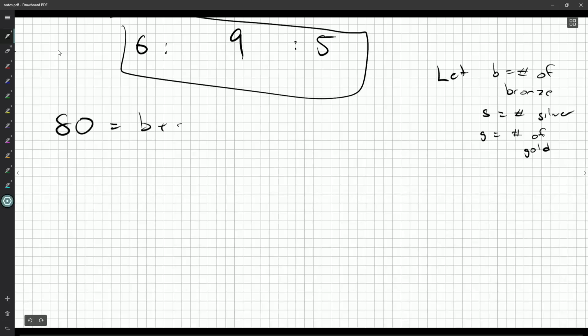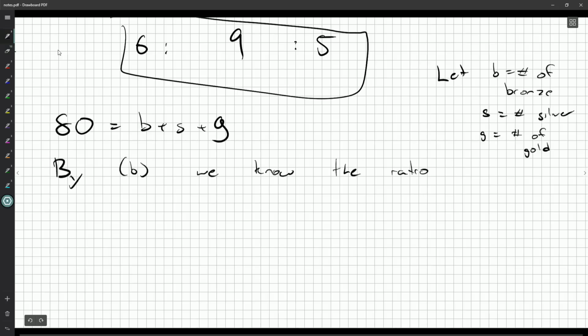So this is bronze plus silver plus gold. Now, this is 3 unknowns in one equation. There's not any way we can work out bronze, silver, and gold as is, but we also have this ratio from part B, we know the ratio.